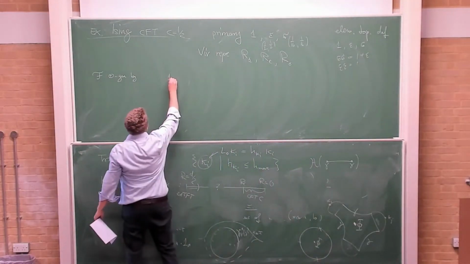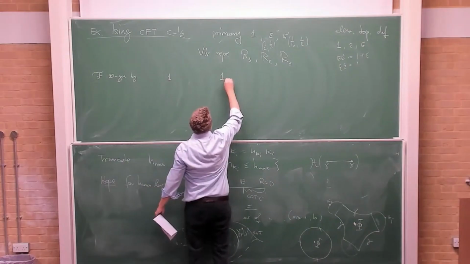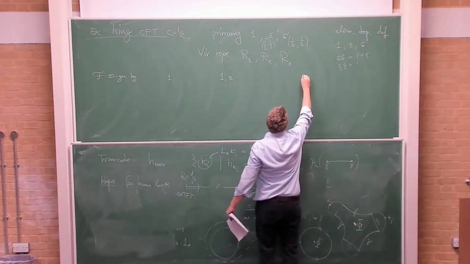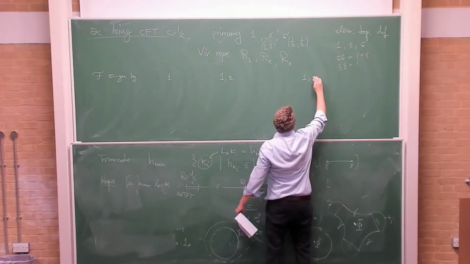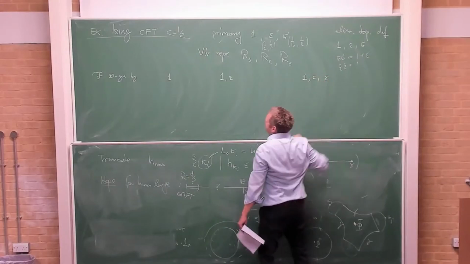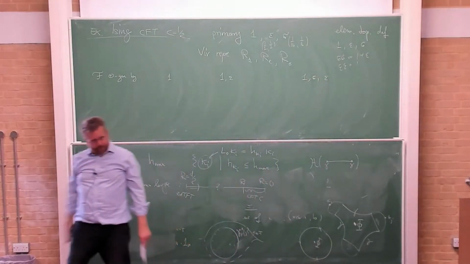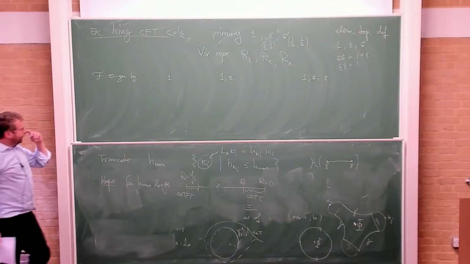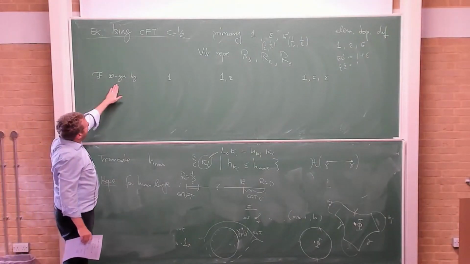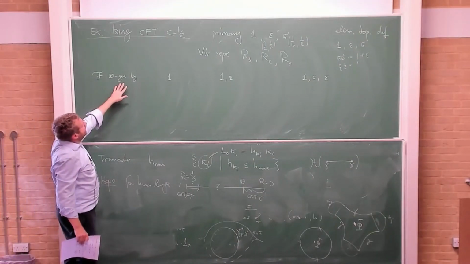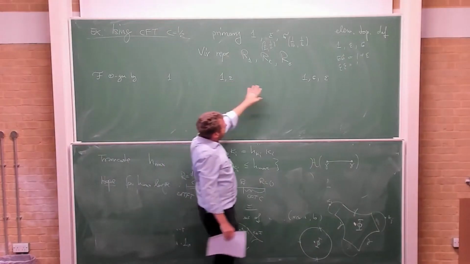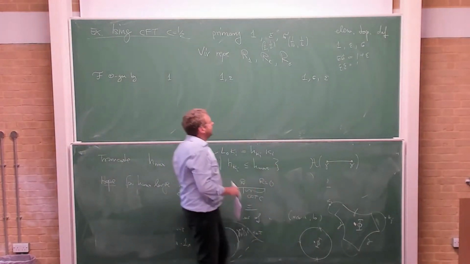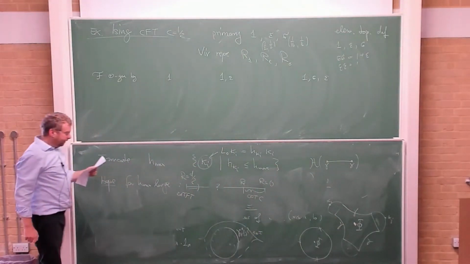One contains just the unit, one is generated by 1 and epsilon, and one is generated by everything. Right, so these are my possible choices for F in this example. And those people who stayed for the example in Liang's talk yesterday, these are also the 3 cases Liang discussed in the context of the Ising model.